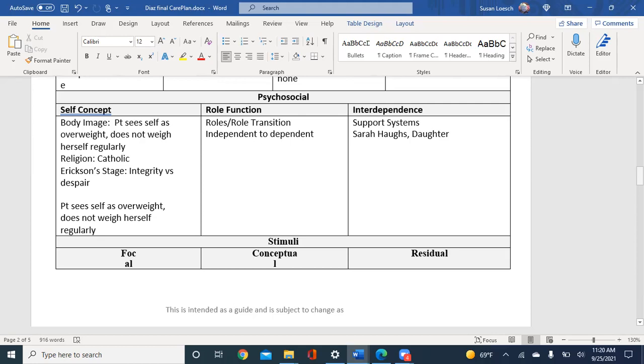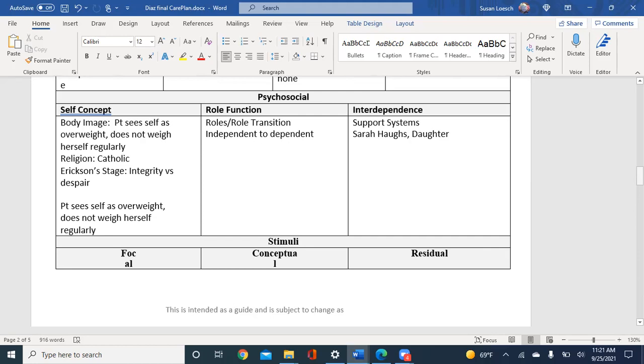So there's different roles that we play in life. We might be the primary caregiver, okay? We might be the maternal head of the house, the paternal head of the house, all right? We might be dependent versus independent, or right now, she's dependent, right? Because she's got an inability to transfer herself independently.